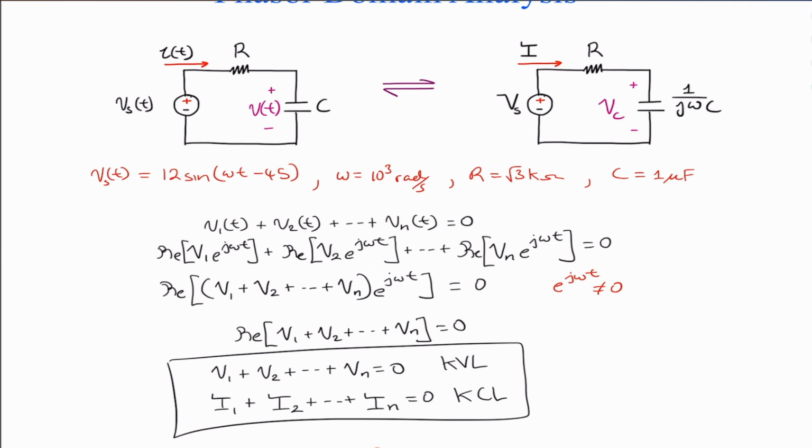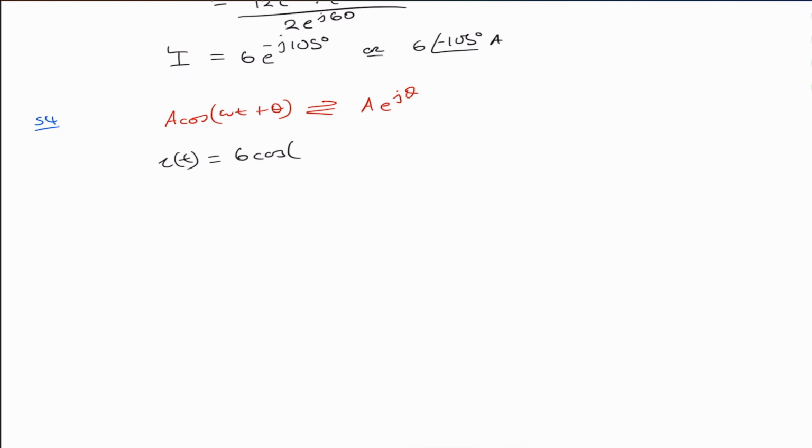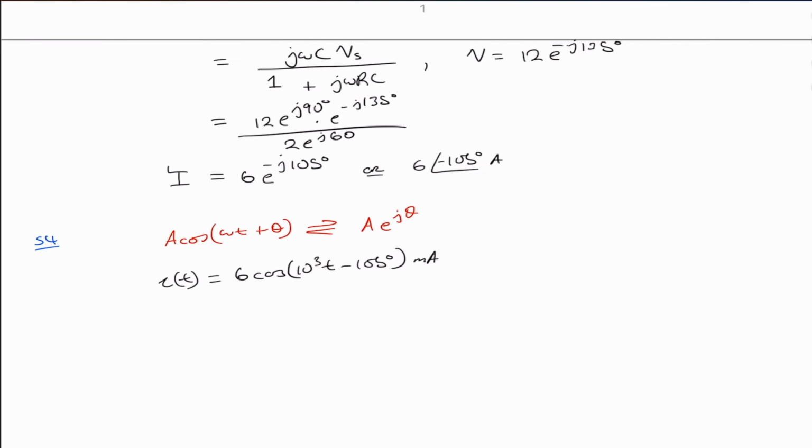Where is that? So that's 10 to the 3. So that would be 10 to the 3 times t minus 105 degrees. And that's in milliamps. I forgot when I divided out from above, this is in milliamperes.